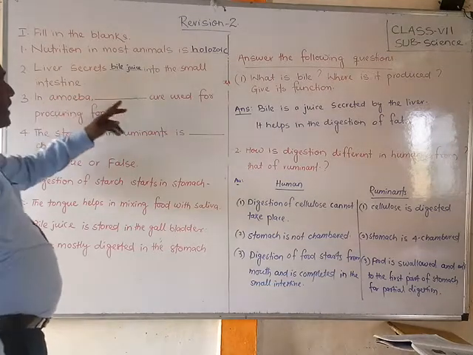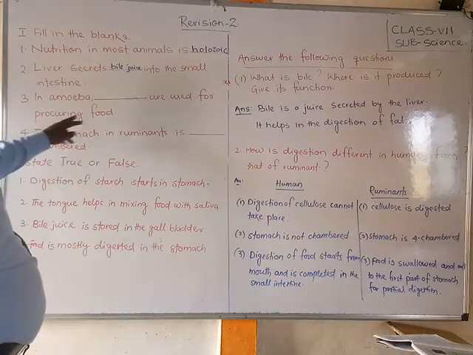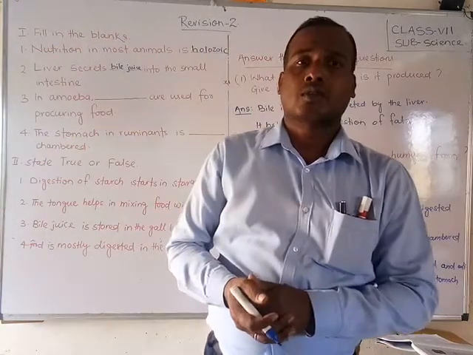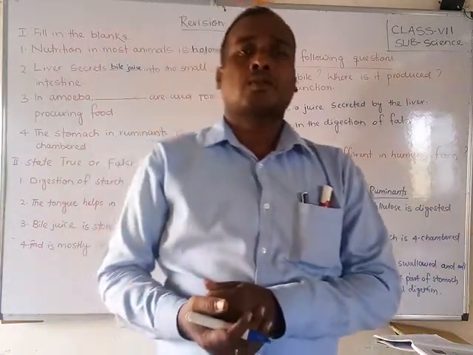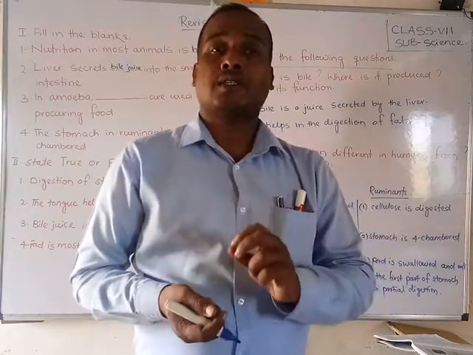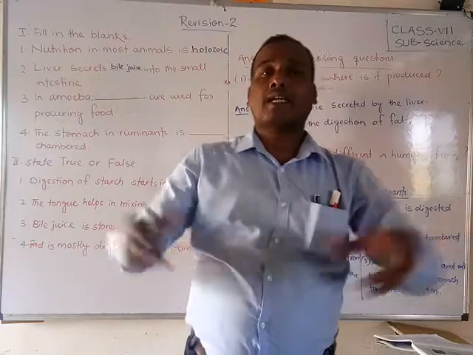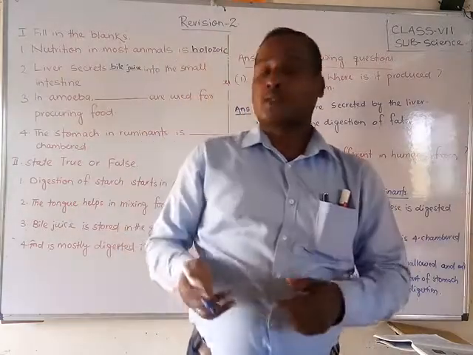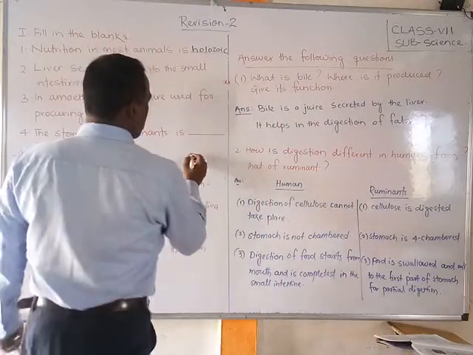In amoeba, dash are used for procuring food, catching the food, or for movement. In amoeba, pseudopodia are helping. Pseudopodia are like hands, with an irregular shape. If you draw the picture you can understand.